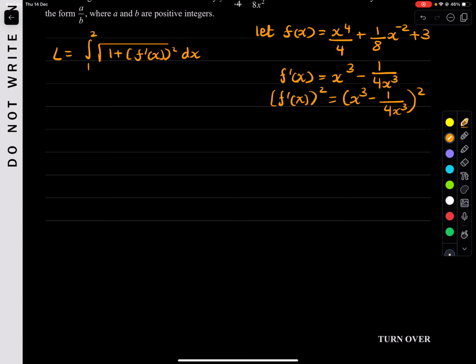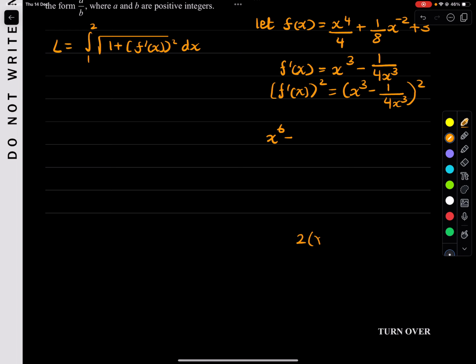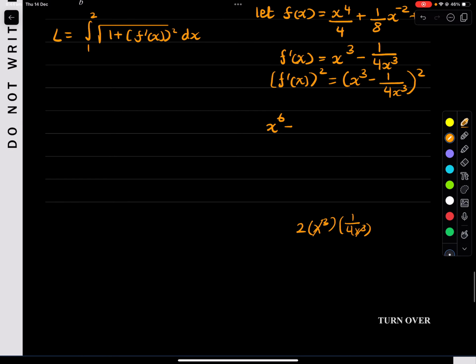So what's going to happen if we expand it? Well, we're going to get x to the power of 6 minus, so what's 2 times x to the power 3 times 1 over 4x to the power 3? What are we going to get? Those cancel out, and then it's just a half. So pretty much minus a half.